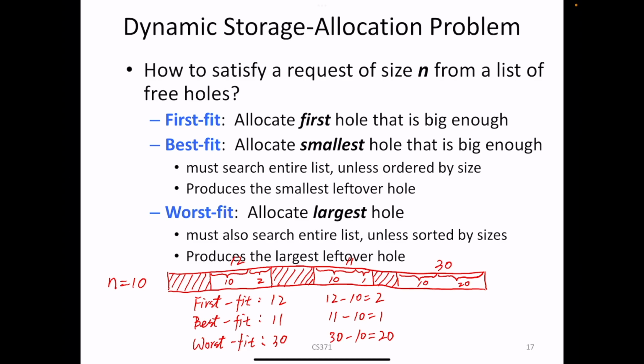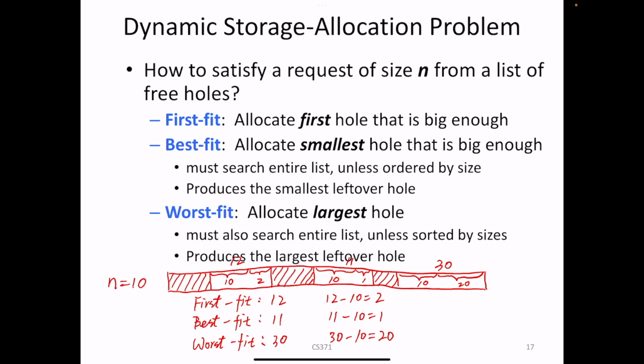The remaining part of the free hole is called the leftover hole. The last one is called worst fit. For this one, we search the entire list to find the largest hole and assign it to the newly arrived process. Surely we can sort the list by size in descending order and just pick the top one and assign it to the new process. This one will produce the largest leftover hole.